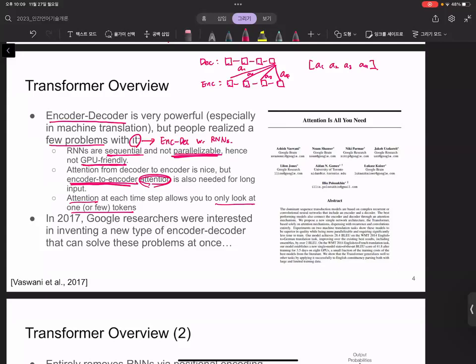But in practice, this is very spiky, which means sparse. For example, this is one example of attention.